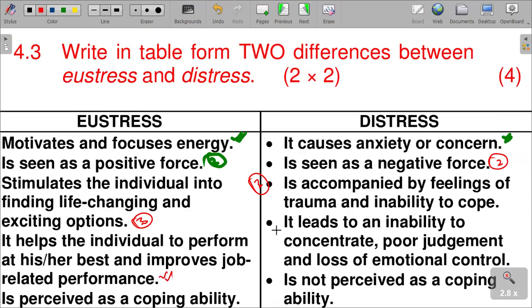Number four in terms of distress, it leads to an inability to concentrate, poor judgment, and loss of emotional control.